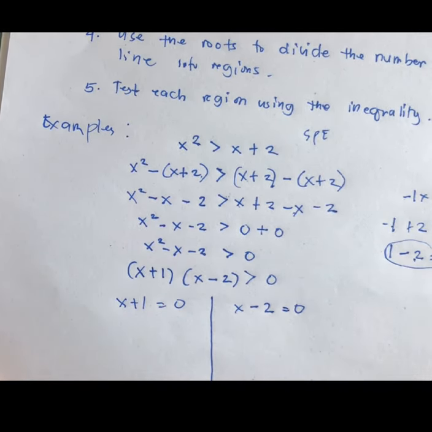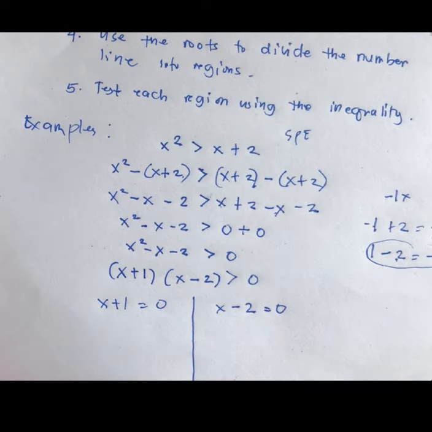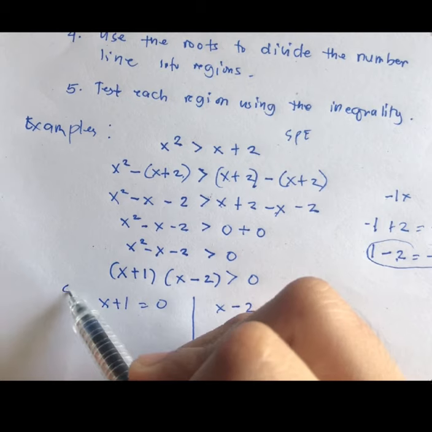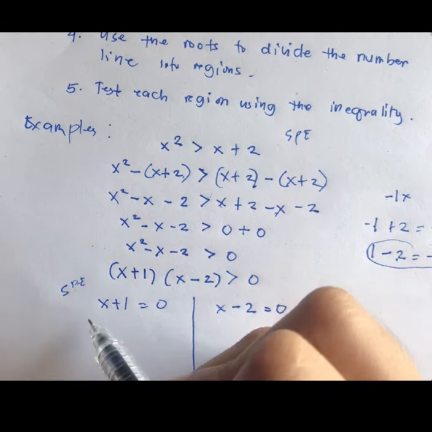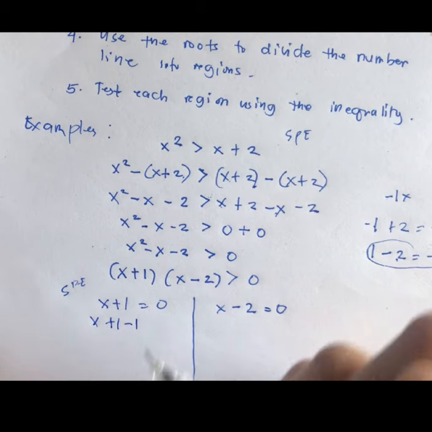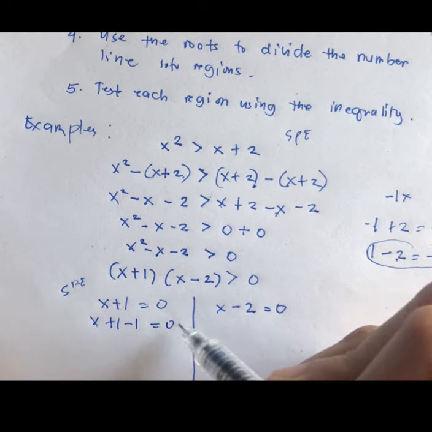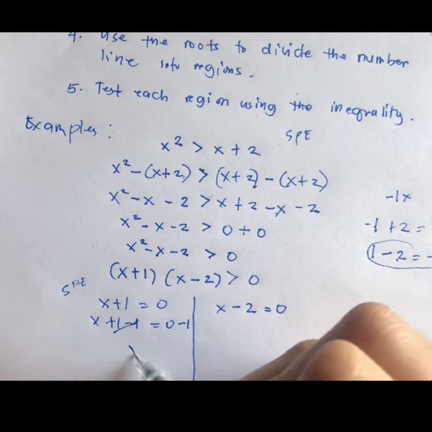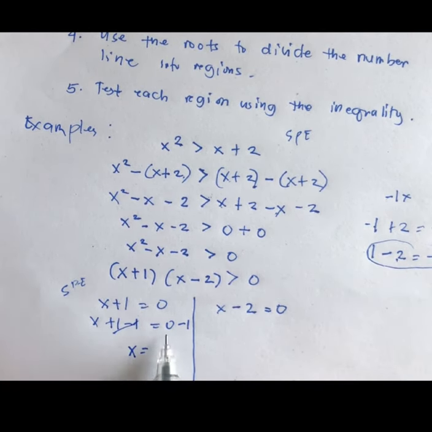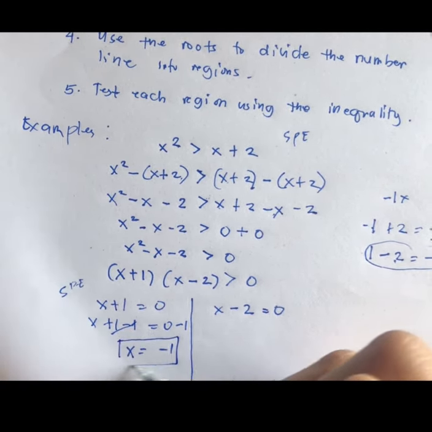Now, applying the properties of equality, in our first equation, we are going to use subtraction property of equality. Or, simply, subtract both sides by 1. So, 0 minus 1. Now, on the left side, we're left with the variable x, and we have our value for x is negative 1.